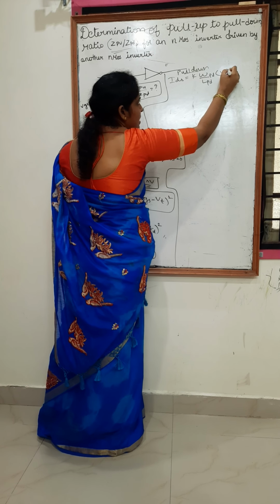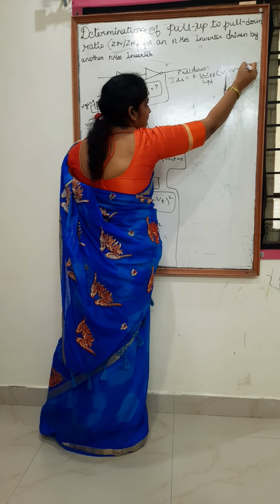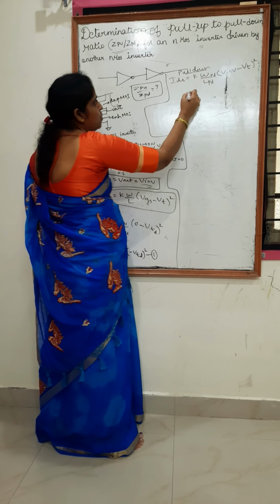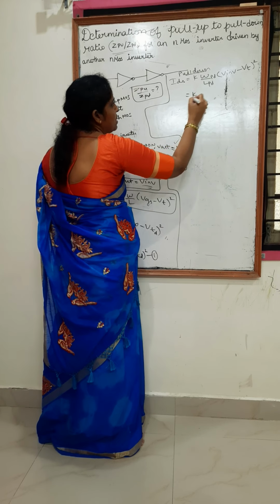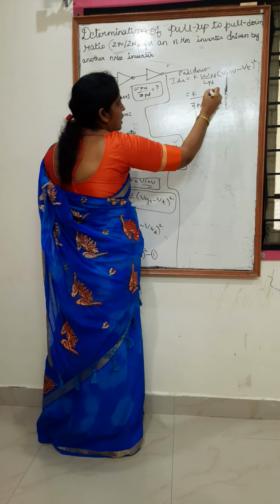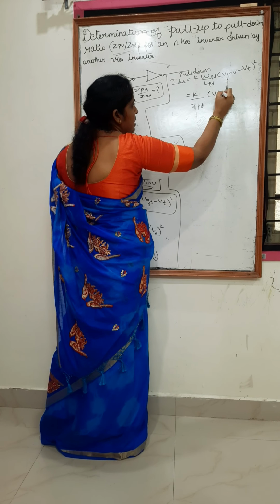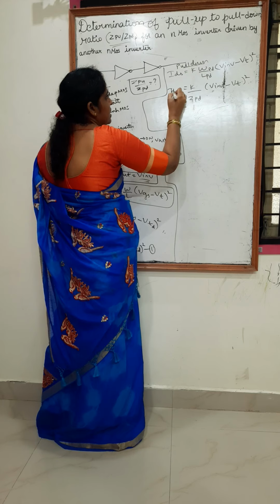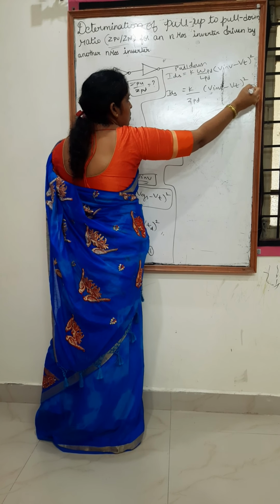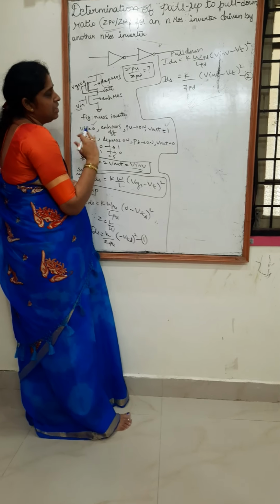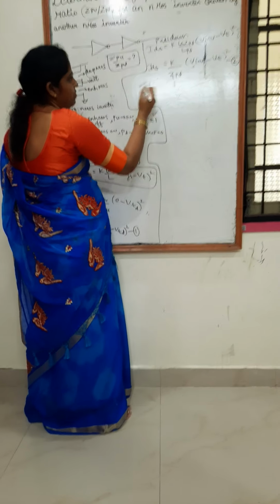So V inverse minus VT, where VT is the threshold voltage of the enhancement MOSFET. We know L by W is nothing but Z, so W by L is 1 by ZPD for pull-down. So IDS is k by ZPD into V inverse minus VT whole square. This is the IDS of the pull-down device, equation 2. Both are drawing equal currents; that is the assumption we have made.